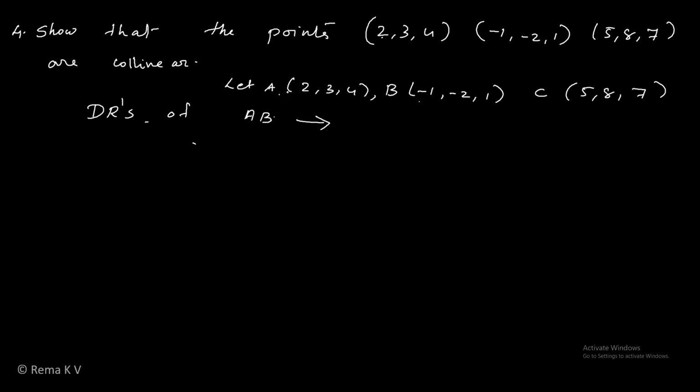We can find it using x2 minus x1, y2 minus y1, z2 minus z1. So it is minus 1 minus 2, which is minus 3, then minus 2 minus 3, which is minus 5, 1 minus 4, which is equal to minus 3.